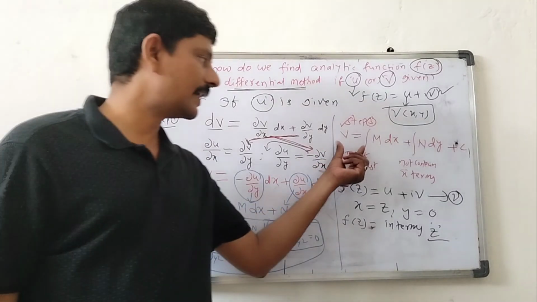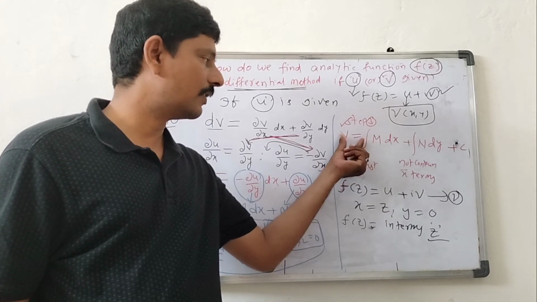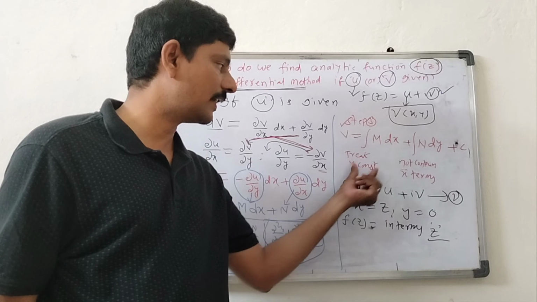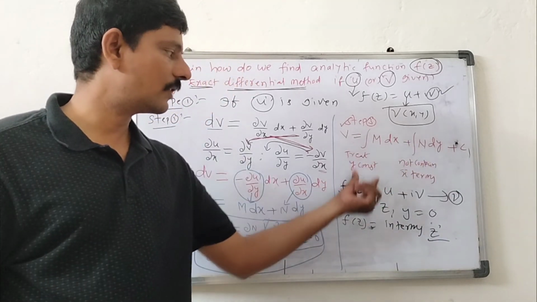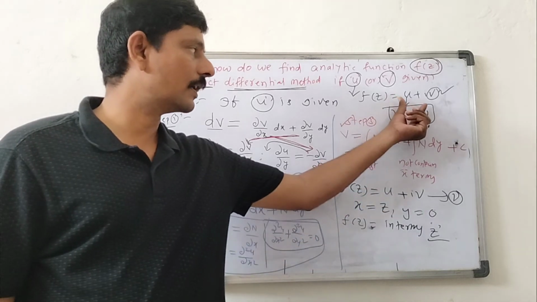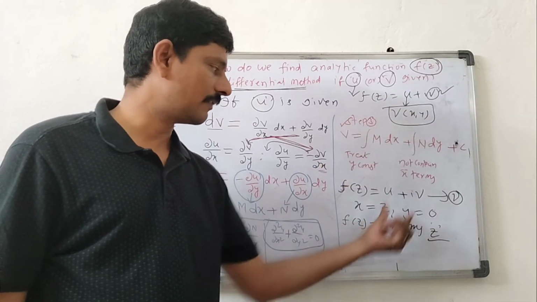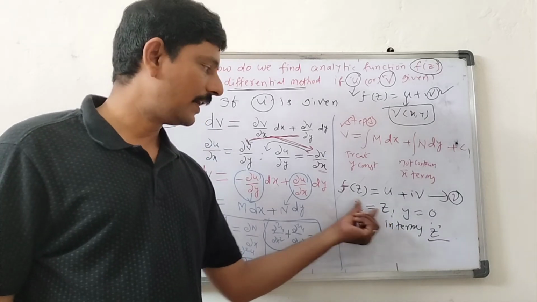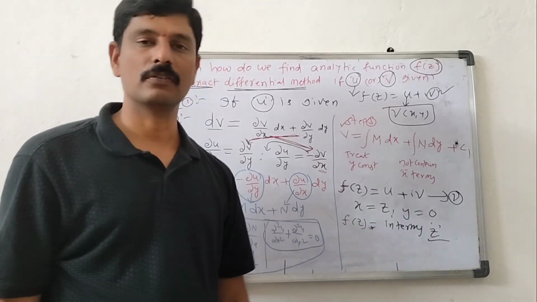So we have the formula for integration: v is equal to the integral of M dx, treating y as constant, plus the integral of N dy, the terms not containing x, plus some constant. In this way you can find v, and at last you write the v value in f of z is equal to u plus iv. Sometimes it may ask to find f of z in terms of z, then you have to substitute x equal to z, y equal to 0. Clear?